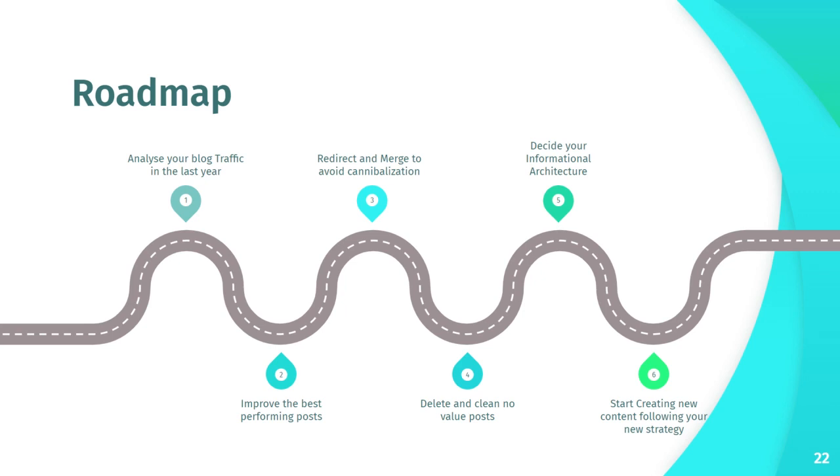And once you've done all of that, you can use a tool such as Outranking to start creating your new strategy and try to avoid the same mistake you've been doing until now. So you want to have a clear map of the topics you've already talked about, the subtopics you need to talk about, and try to create that evergreen and in-depth content.